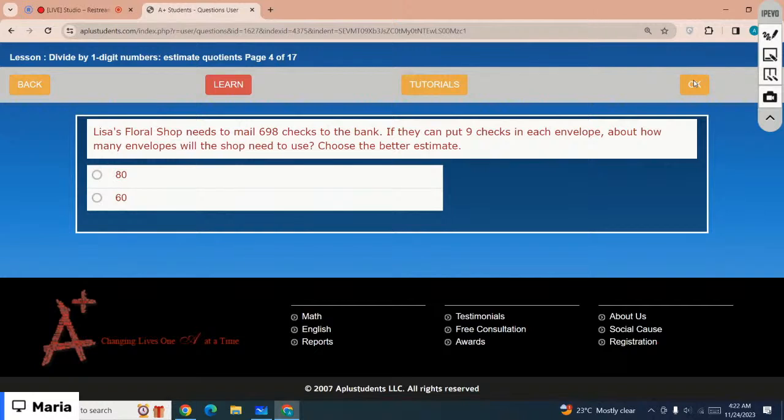Yes, the correct option is 80. Very good. The correct option is 80.